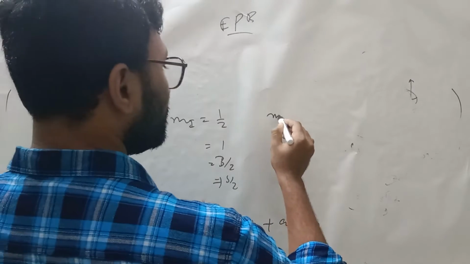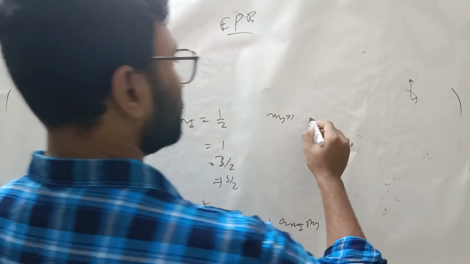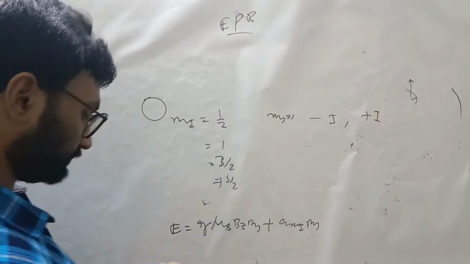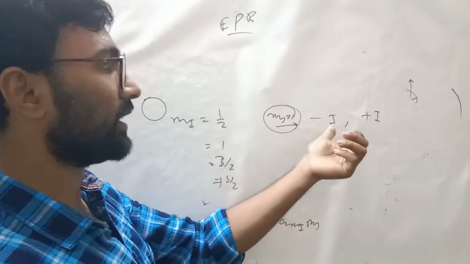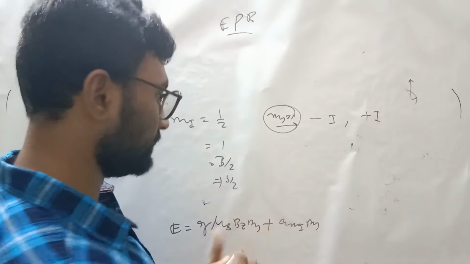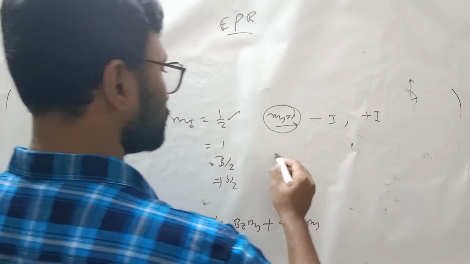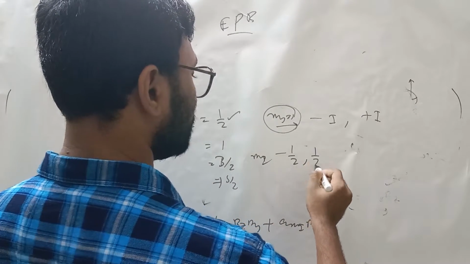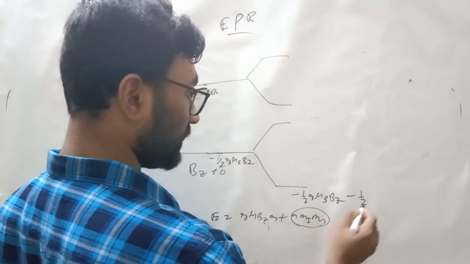For every spin quantum number I, there are magnetic quantum numbers of the nucleus ranging from minus I to plus I. If you consider the normal case for half, mI will have minus half and plus half. So this is already there, and this factor you have to write.